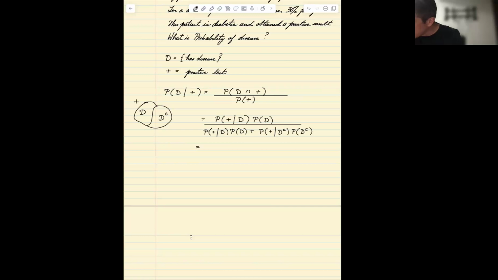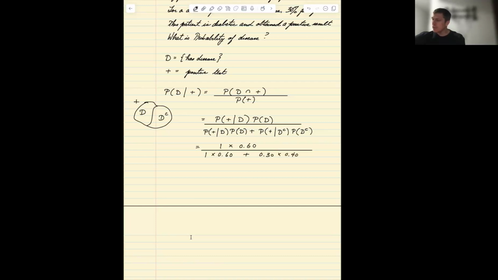In the numerator, probability of a positive test given the disease is 1 times the probability of the disease, 0.6. That's also the first term in the denominator. But then the second term is probability of a positive test given not having the disease. What is that? For a diabetic, 30% false positive rate times the probability of not having the disease.